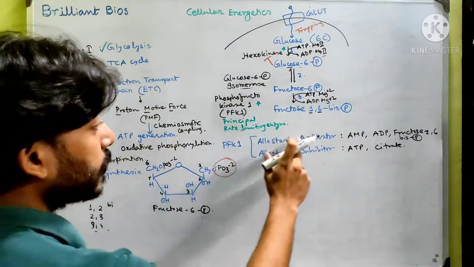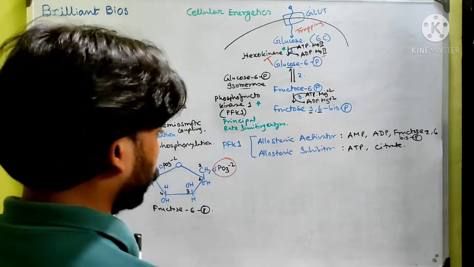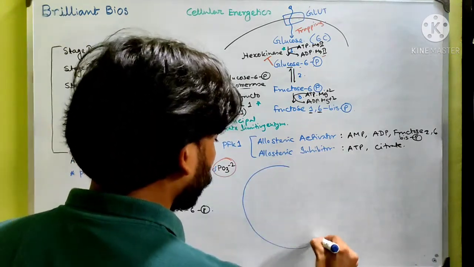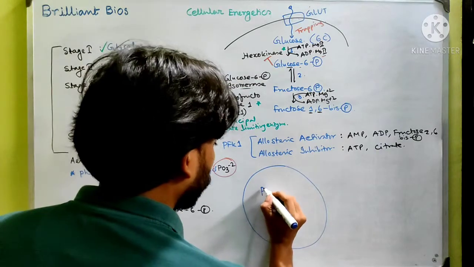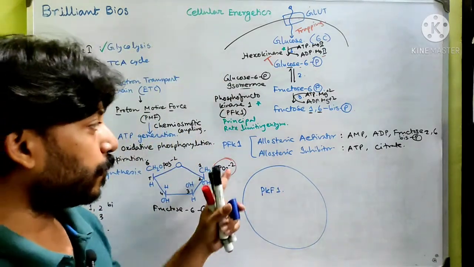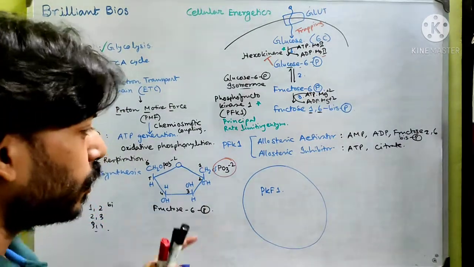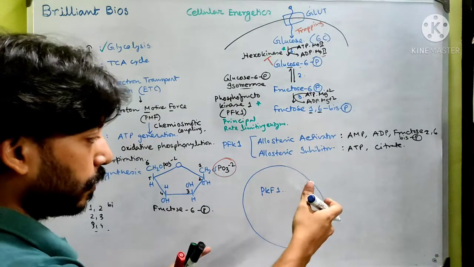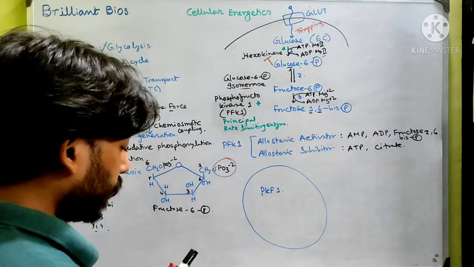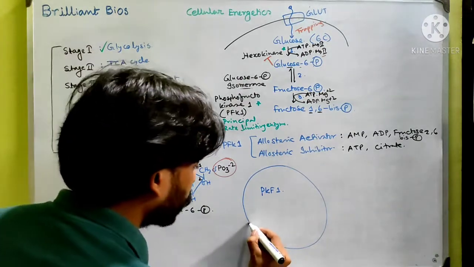Okay, now there is an activator and an inhibitor. So let me draw the overall enzyme structure like this. Let's suppose this is PFK1, phosphofructokinase 1. PFK1 is a tetramer. That means there are 4 subunits. Let me draw one molecule. So this molecule PFK1 has a substrate binding site.